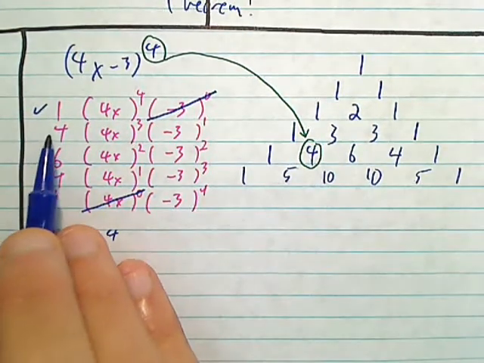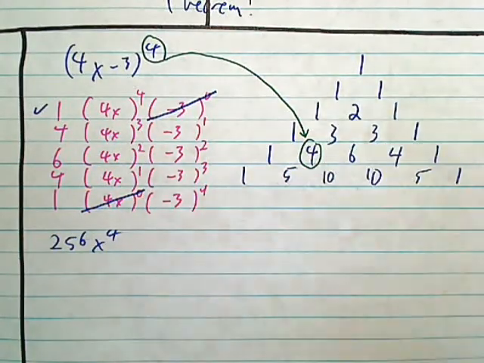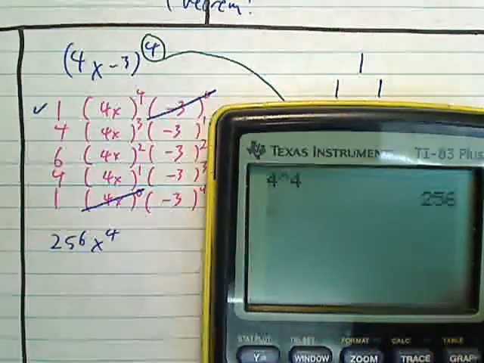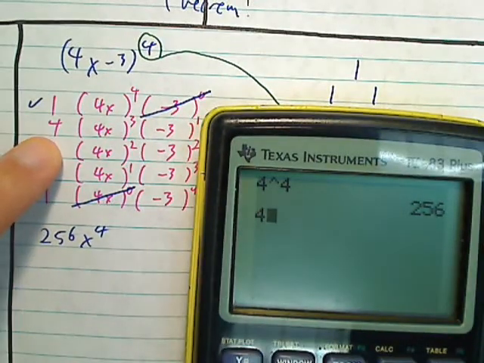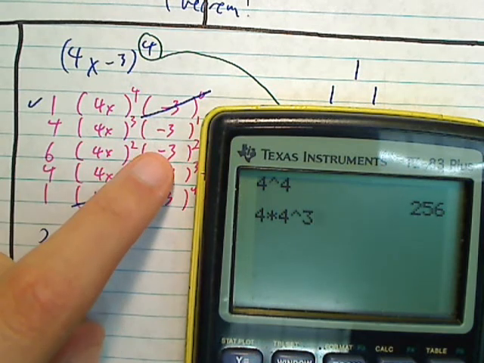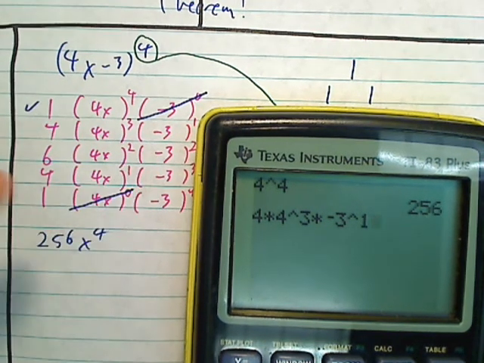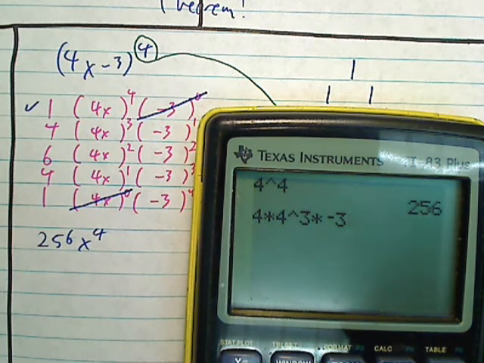Okay, so the next line, I need to simplify this. Let me just look at the numbers here. Okay, so 4 times 4 to the 3rd, times -3 to the 1st. And I didn't really need to write that to the 1st there, so let's not do that.